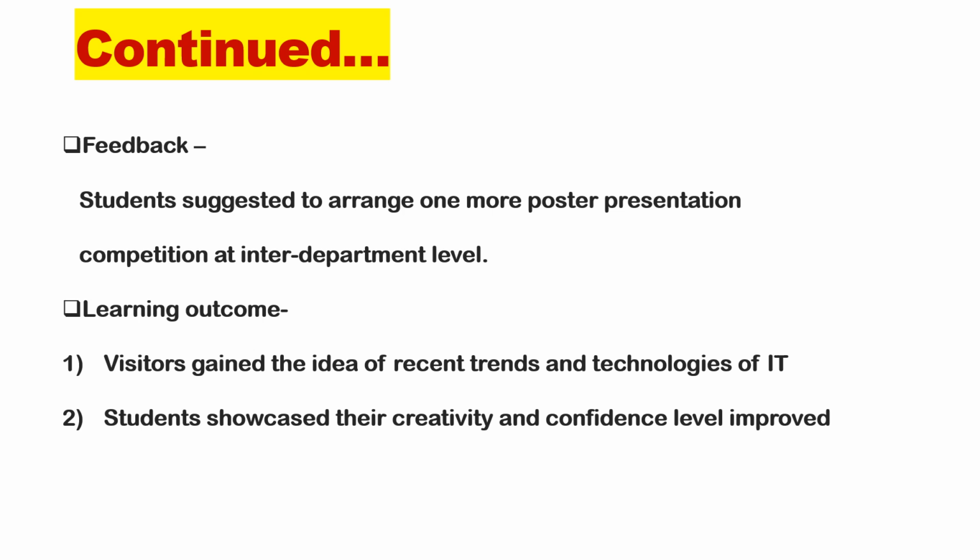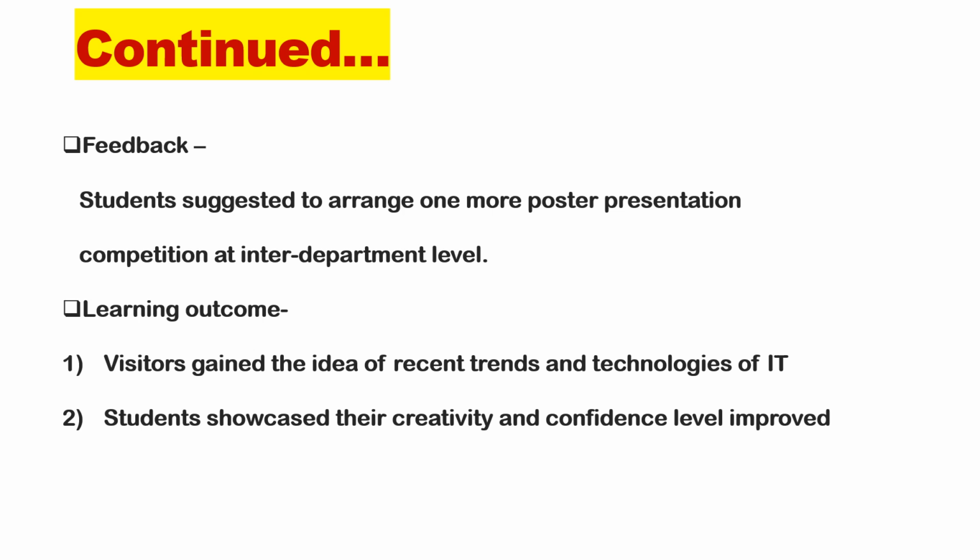The second outcome is that students showcased their creativity and confidence level, and because of this competition their confidence level improved. This is the learning outcome for the poster presentation competition. So this is how you can mention the different points under report writing of the activity or event.